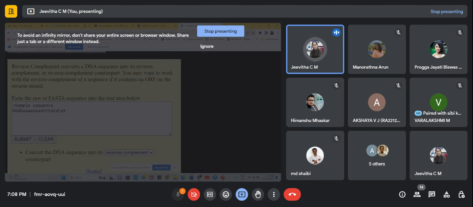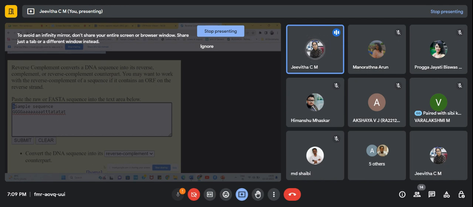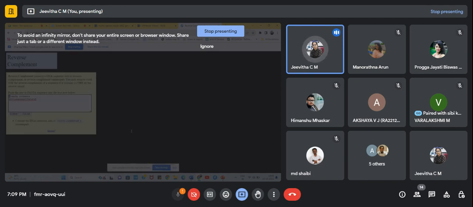As I said before, you can see the greater than symbol here, because when you give a FASTA sequence, that greater than symbol is a must. Some software is designed only for FASTA sequences, and when we provide data without that greater than symbol, it doesn't work.